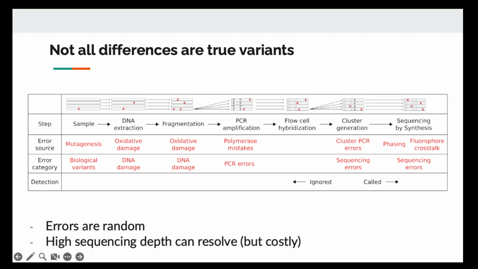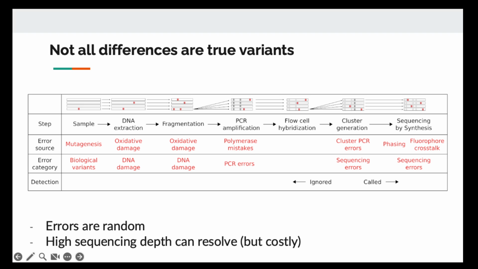There can be damage to the DNA, and any damage will be sequenced into a different base, maybe. During the PCR amplification, there can be errors. So your final sequencing data can differ from the original starting sample. And we have also seen sequencing errors.